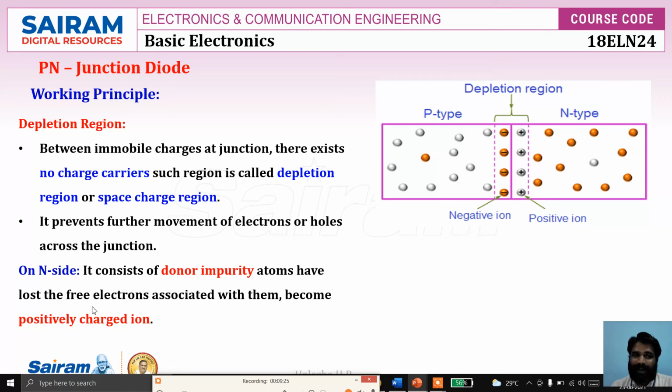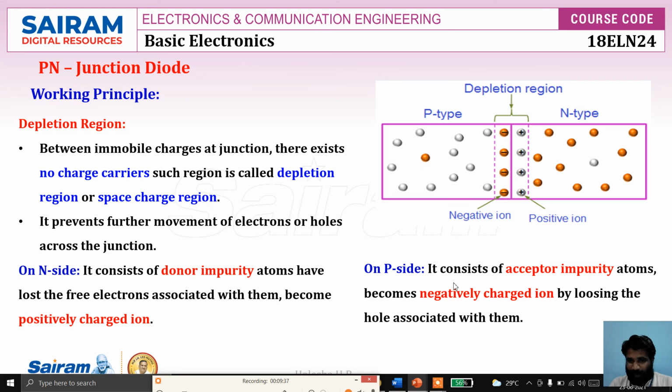On the N side, it consists of donor impurity atoms that lost the free electron associated with them and become positively charged ions. Similarly, at the P side, it consists of acceptor impurity atoms. They accept the electrons and become negatively charged ions. By losing the holes associated with them, they become negatively charged. Clear? This is the depletion region.